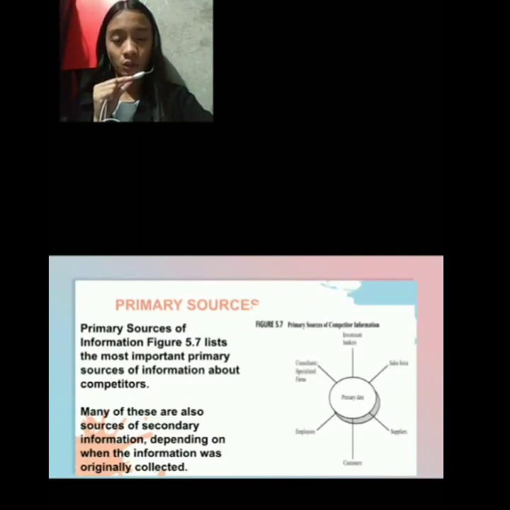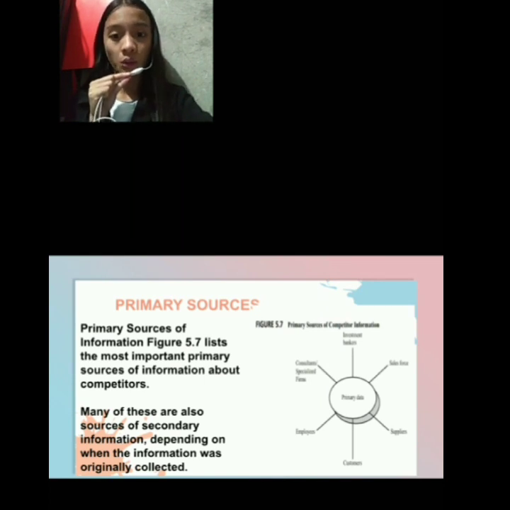After discussing secondary sources of information, let's discuss the primary sources of information. Figure 5.7 lists the most important primary sources of information about competitors. If you can see on the organizer, there's primary data, and belonging to this are sales force, suppliers, customers, employees, consultants, investment bankers.